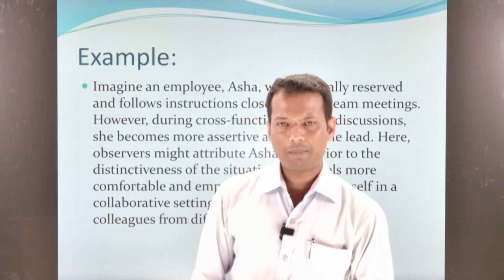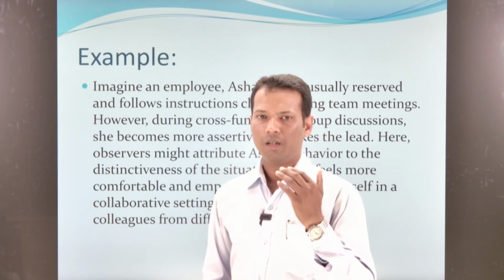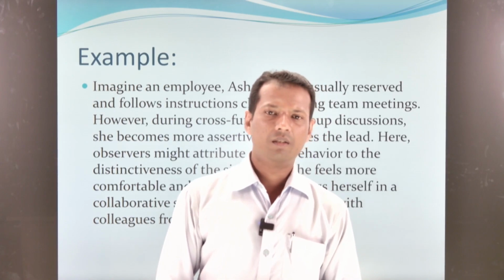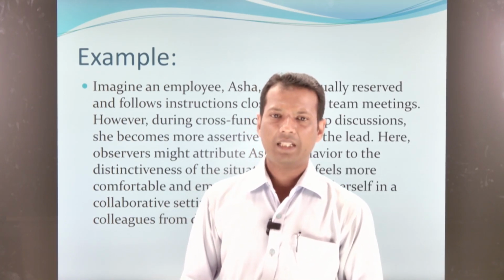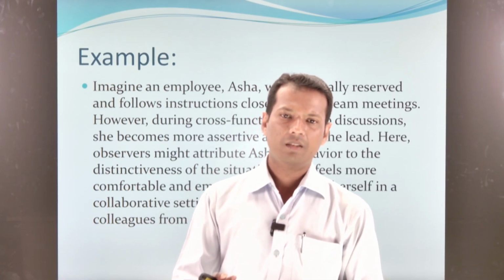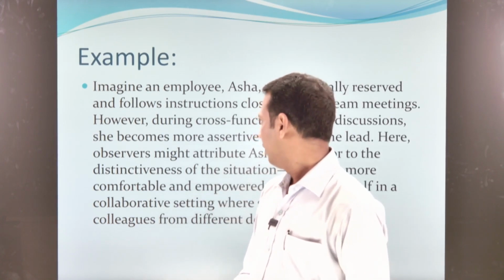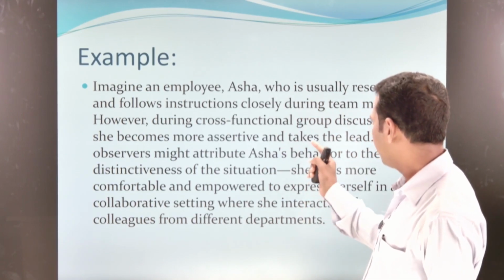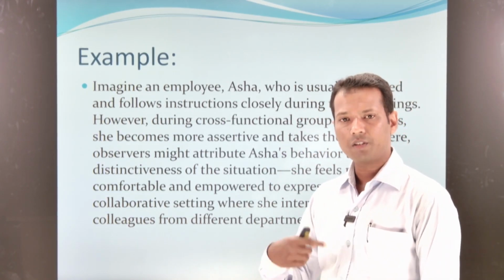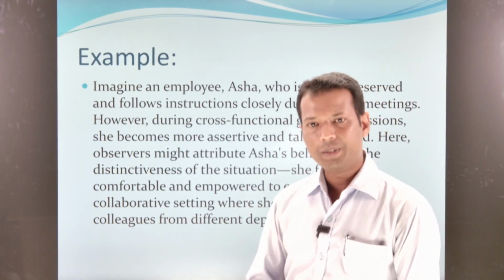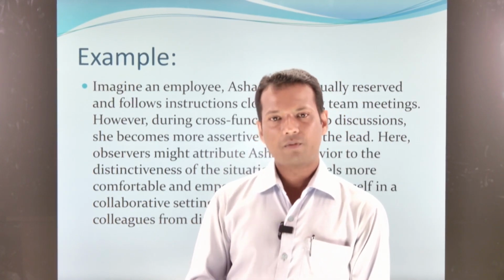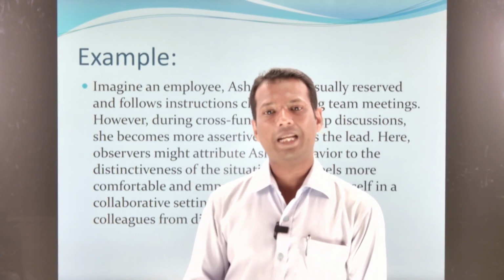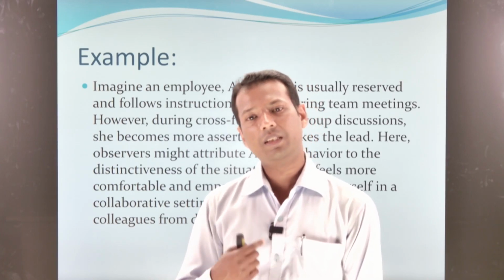She doesn't lead and doesn't assert herself. But in a cross-functional group, in any kind of meeting or group discussion, she becomes very assertive, and sometimes she takes the lead.